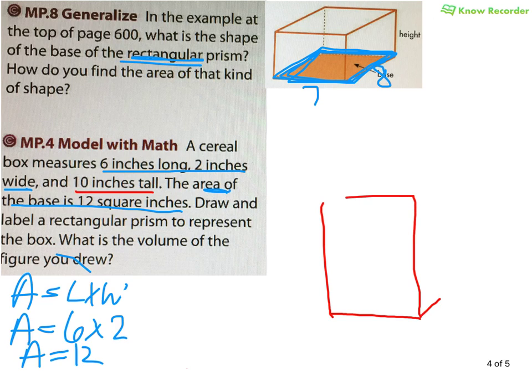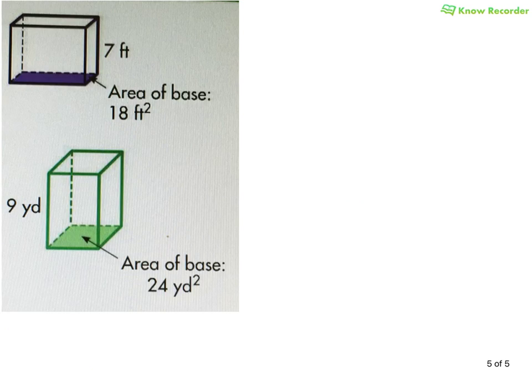All right, finish my first rectangle, and then make sure you label 10 inches, 6 inches, 2 inches. And now if it was laying down, I'd probably say you're wrong, because that would mean the length is 10, not the height.